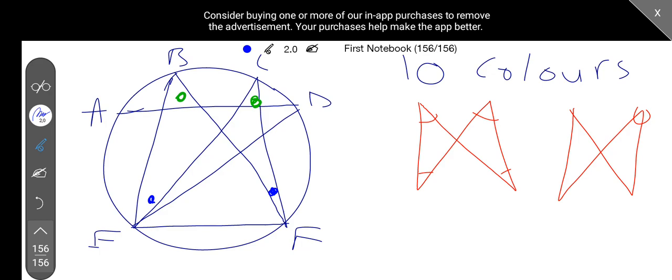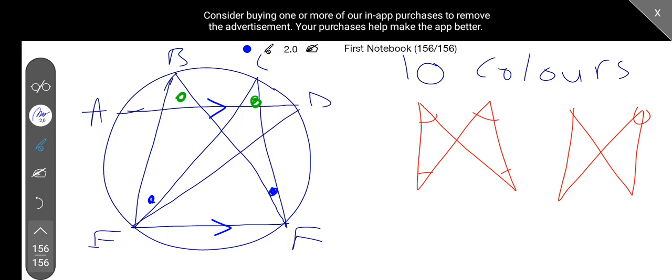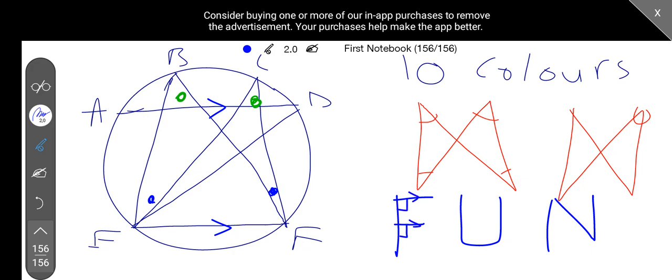And then we've got parallel lines. Let's say these lines are parallel. Whenever you are given parallel lines, look for F, A and U, whereby F is corresponding angles, which are in an F shape; U is co-interior. Remember, co-interior angles are not equal, but they are supplementary.